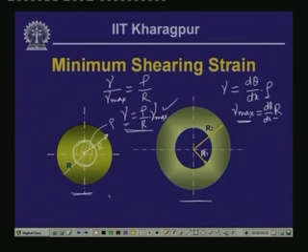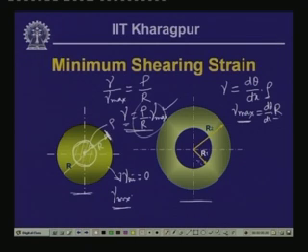So, in case of solid shaft, the minimum strain gamma min is equal to 0, and gamma max we can compute from this particular expression, once we know the stress which is occurring at the outer periphery.